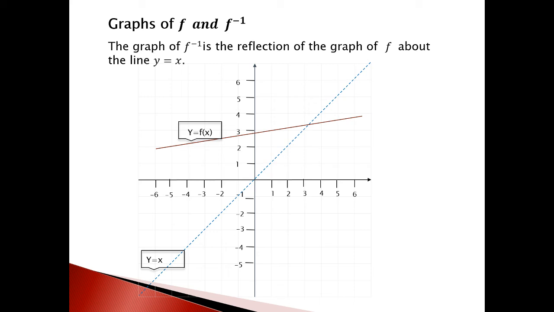Then, in order to graph f inverse of x, take the reflection of y equals f of x about y equals x. So this is y equals f inverse of x, which is the reflection of the graph of y equals f of x about the line y equals x.